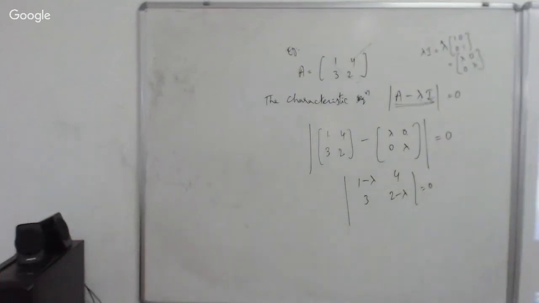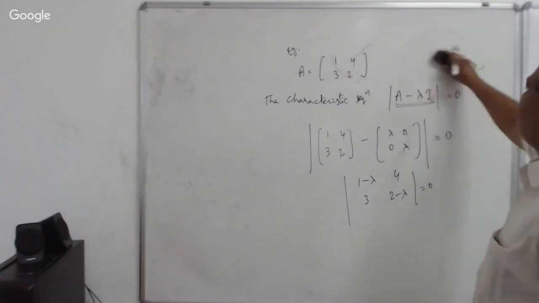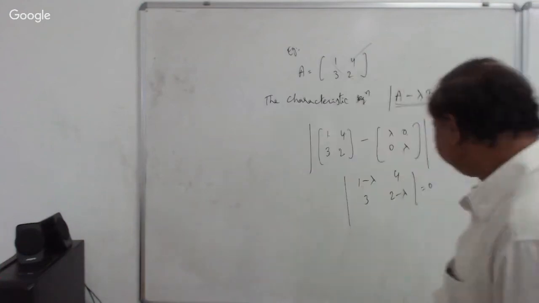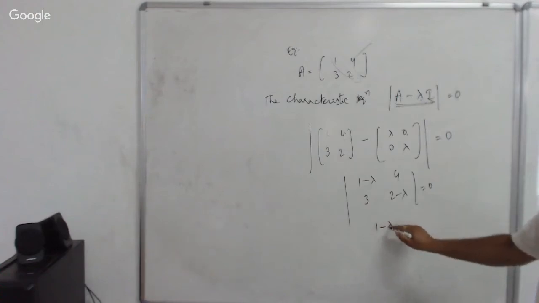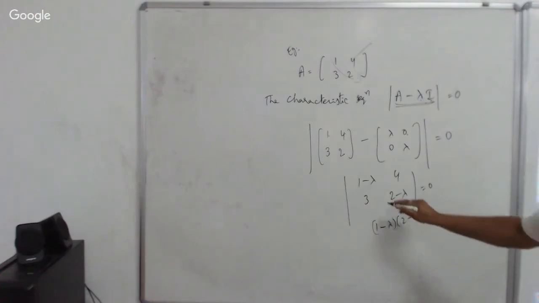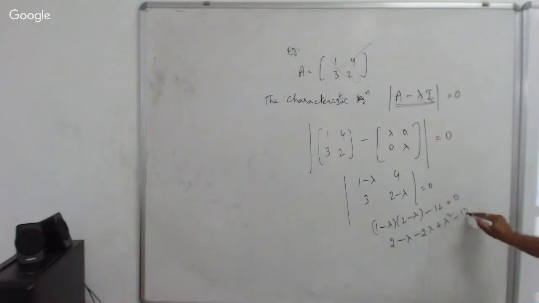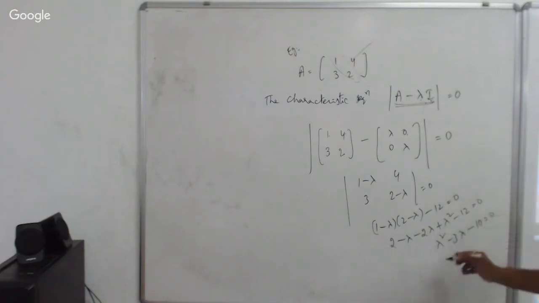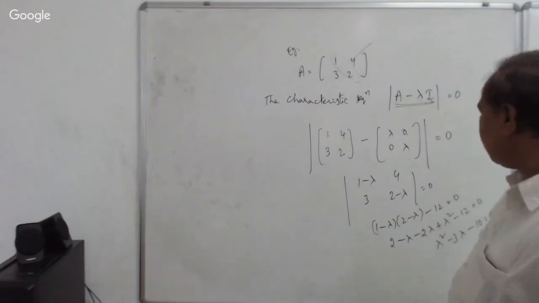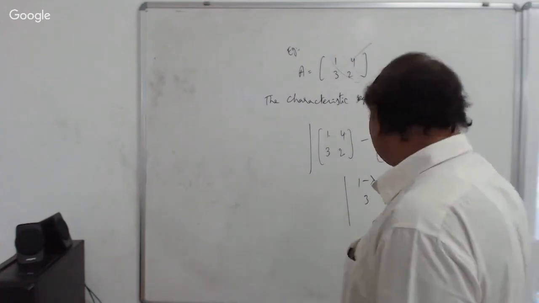Okay. Now its characteristic values, the eigenvalues, are found by expanding: 1 minus lambda into 2 minus lambda minus 12 equal to 0. Now 2 minus lambda minus 2 lambda plus lambda square minus 12 equal to 0. Now it is lambda square minus 3 lambda minus 10 equal to 0. It is called the characteristic equation. For this matrix, if you put capital A instead of lambda, that is called the matrix equation directly.